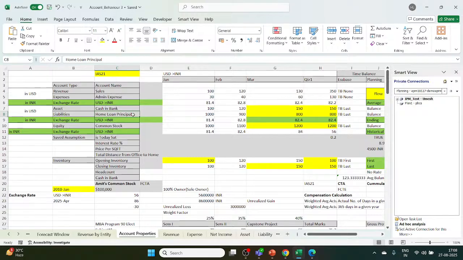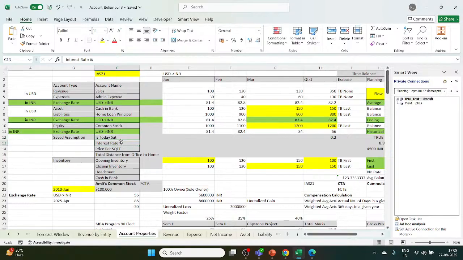So we can select the account type here. In the equity section, we can choose the common stock also. The common stock, our capital, equity capital, retained earning. So that type of thing we can see under the equity section. Here the saved assumption is, what could be the saved assumptions? Saved assumption, generally what we assume, like the interest rate percentage.